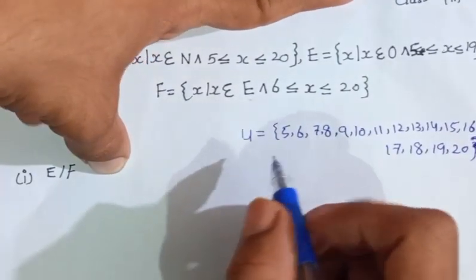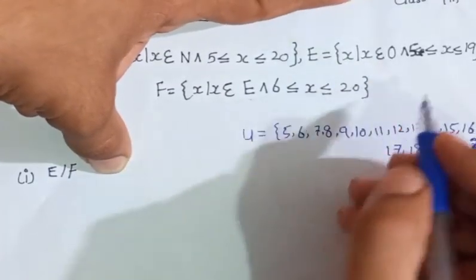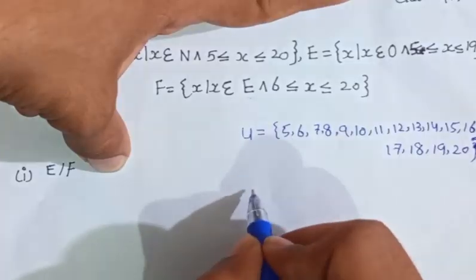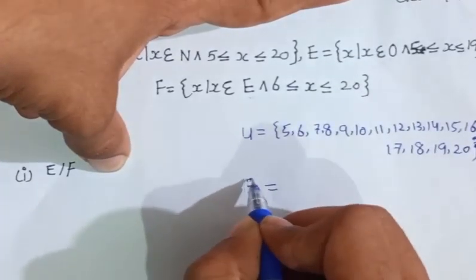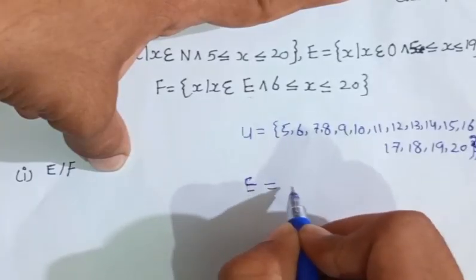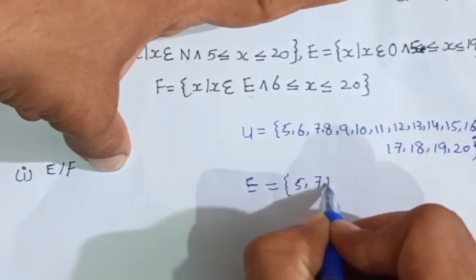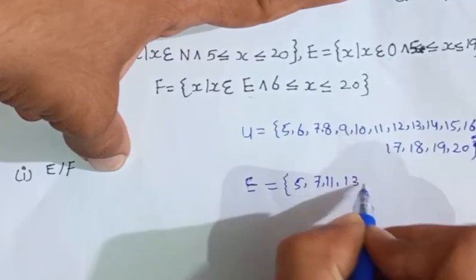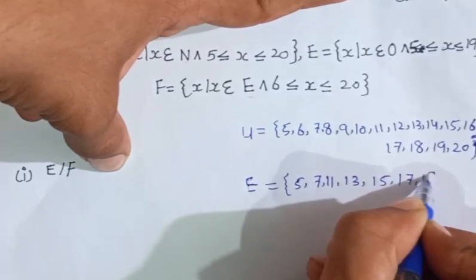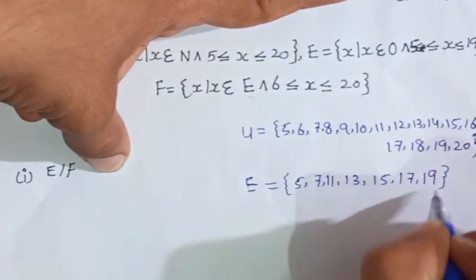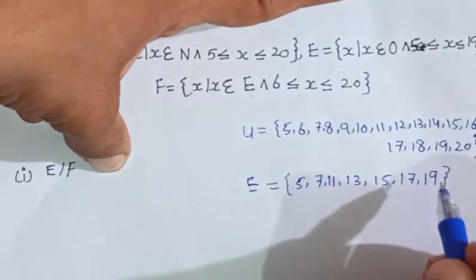Let's come to another set, x belongs to the odd numbers, 5 to 19. Set E is equal to 5, 7, 9, 11, 13, 15, 17, 19, the odd numbers from 5 till 19.